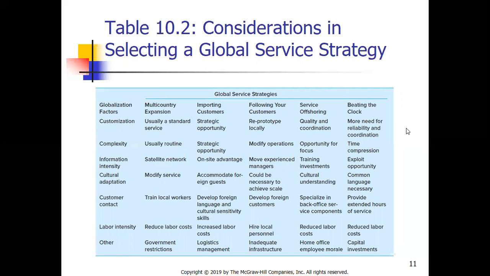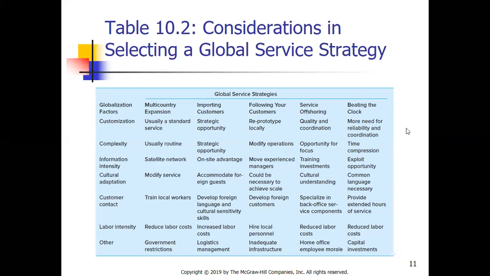Next, following your customer: you follow your corporate client overseas. Maybe it is a big client, so you have to follow, or maybe you want to serve the corporate client in that particular country. And then service offshoring: you outsource a service from your current country to that particular foreign location, using the current resources that you have in the home country.